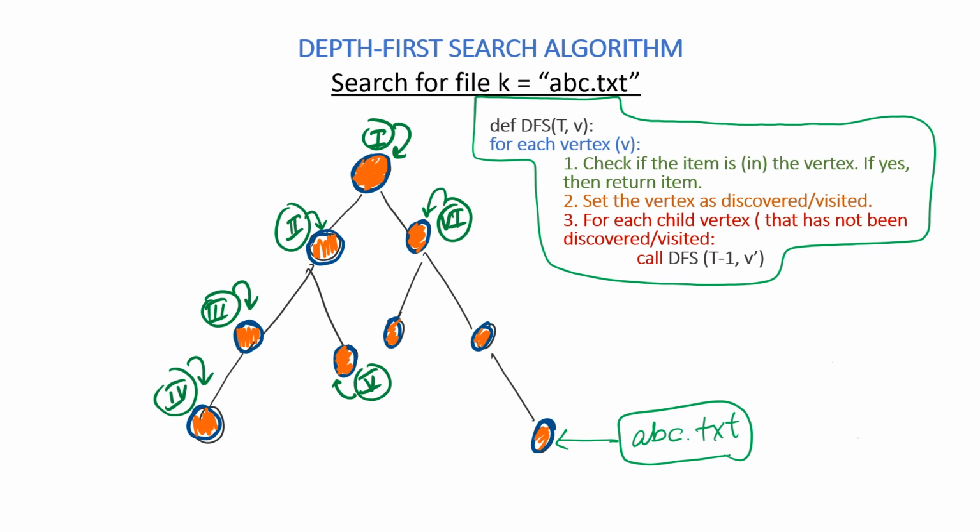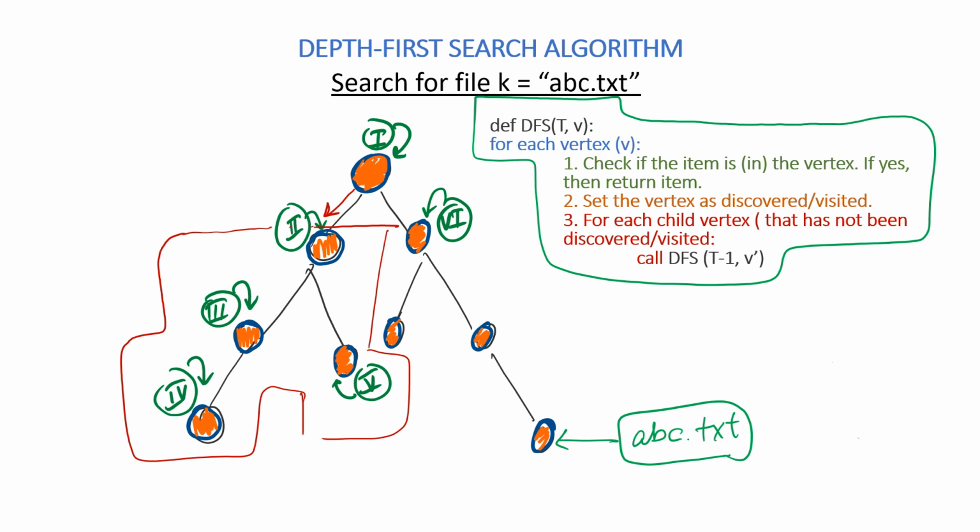We set the vertex as visited, so I've already checked the contents of this vertex and don't need to do it again. It's fairly straightforward. And then for each child, I'll start with the left child in red. For each child that has not been visited, I will recursively call depth first search. So now I'm looking at this left subtree.